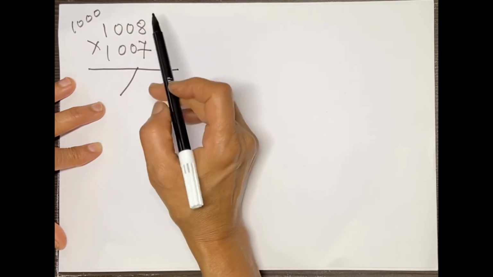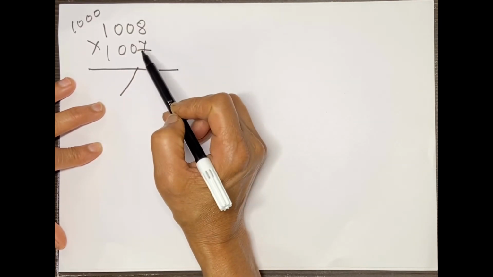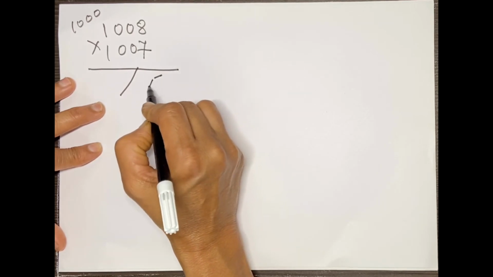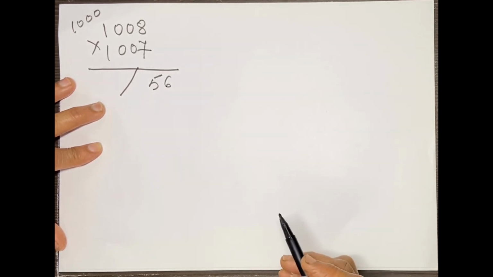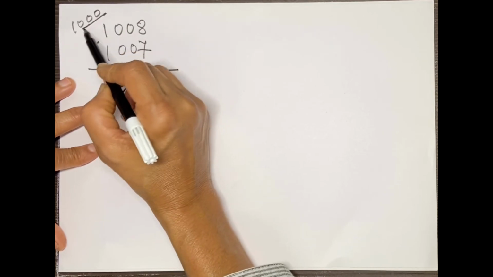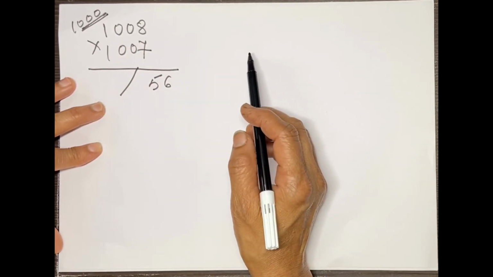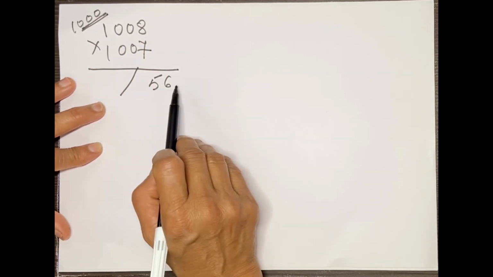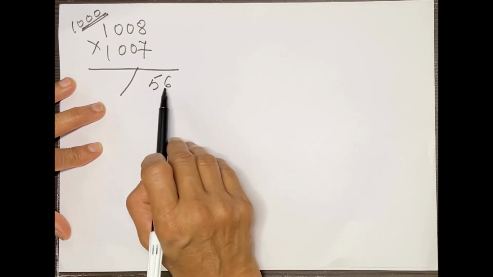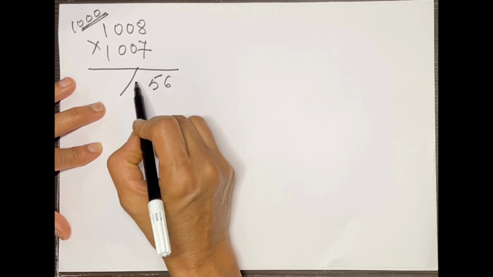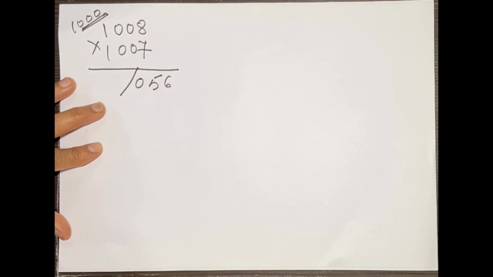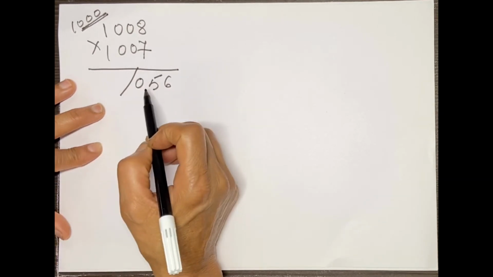Multiplication of the differences, 8 into 7, 56. But as the perfect base number carries 3 zeros, your right hand side should be 3 digits. So I will add an extra 0 for 3 digits.